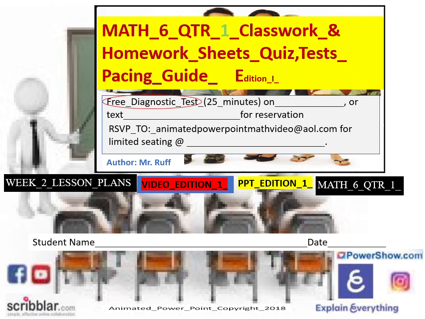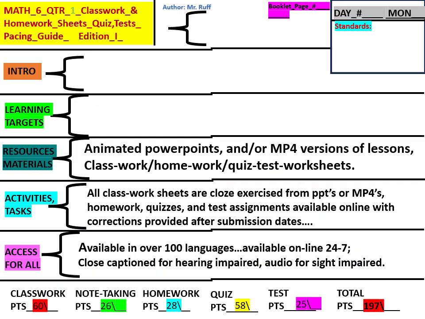So students, make sure you put your name and date on your sign-up. Hello everybody, getting ready to do Week 2 classwork for Math 6, Quarter 1, Week 2.